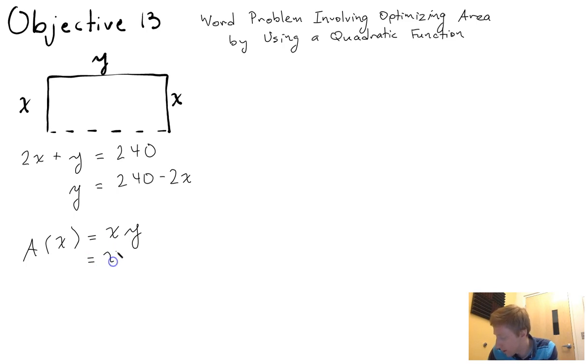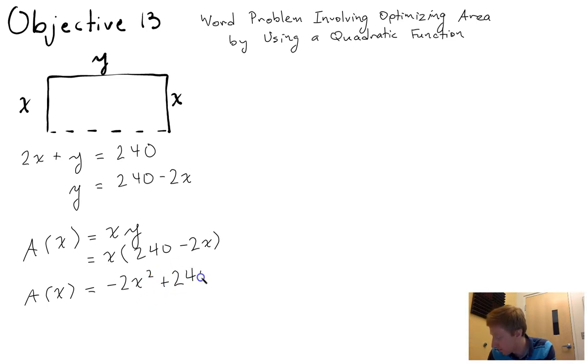So this is equal to x times 240 minus 2x, which we earlier said was equal to y. Now we can simplify this to A of x equals negative 2x squared plus 240x. This is our equation A of x.